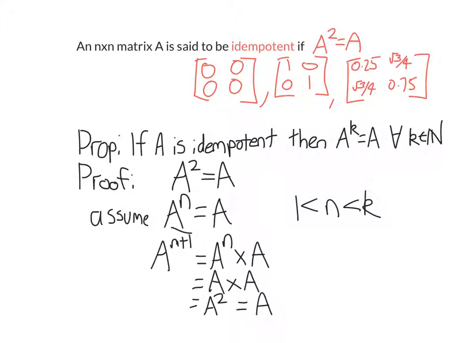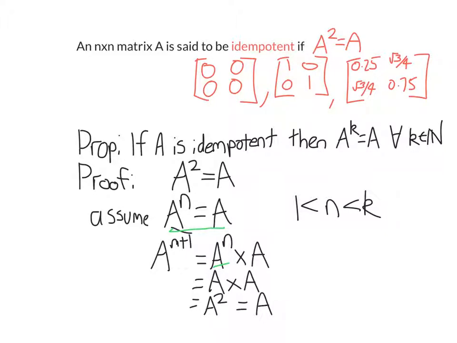This worked because we assumed that A to the power of n is equal to A. So what we actually showed is that if A to the power of n equals A, then A to the power of n plus 1 is equal to A.